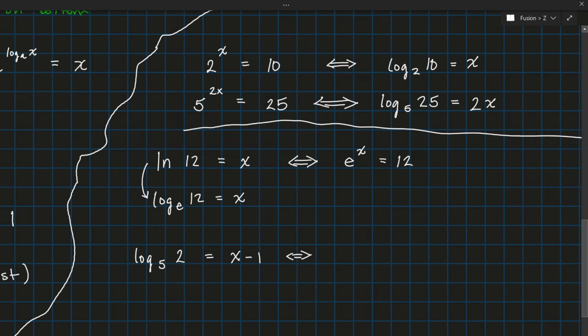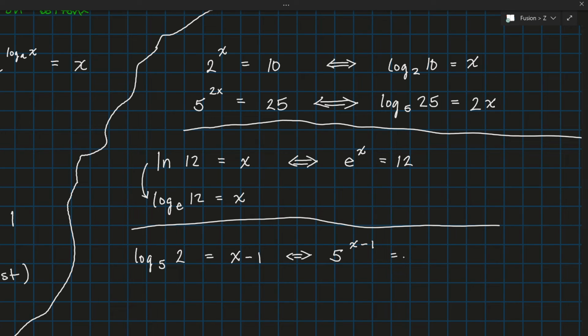In the above example, we had log base e, so the base was e. Here it's 5. The exponent would be the entire right side, just x minus 1. Again, I kind of threw a curveball at you. And then what does that equal to?